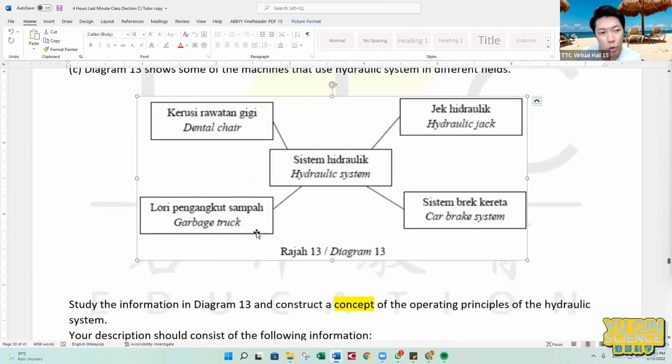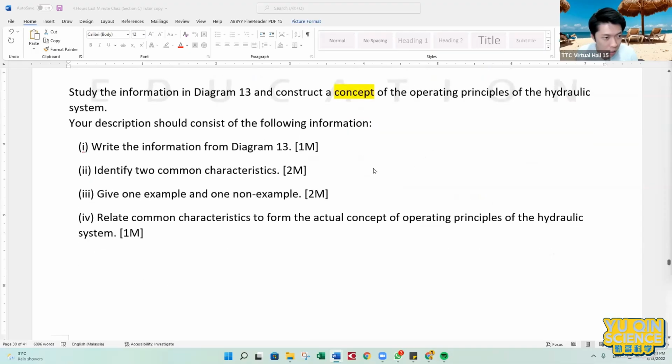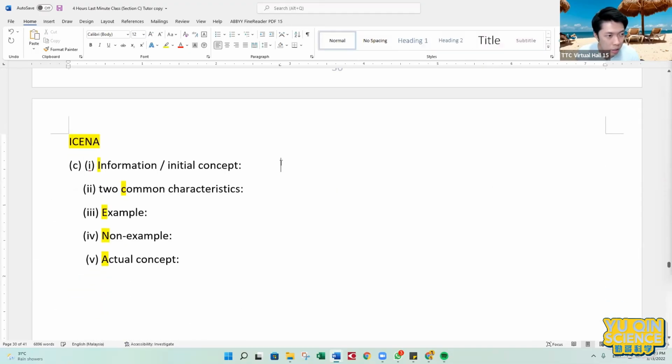Basically it means to write everything you have here into a sentence. So you want to say the dental chair, hydraulic jack, garbage truck and car brake system operate based on the hydraulic system. I want to kind of introduce it to everybody.